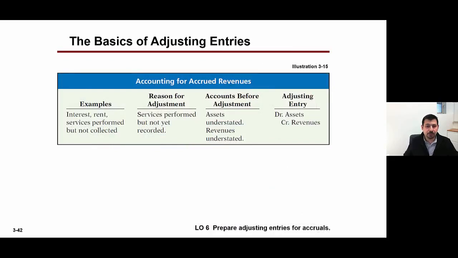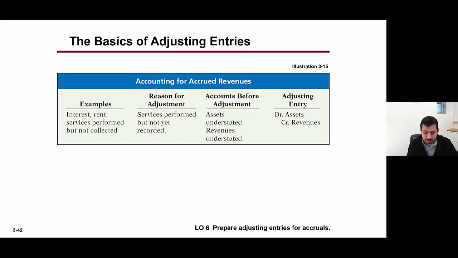As a summary, for accrued revenues before the adjustments, both assets and revenues were understated because we had not recorded that transaction at all. So the assets and the revenues that the company earned were not recorded. As a result, they were both understated.